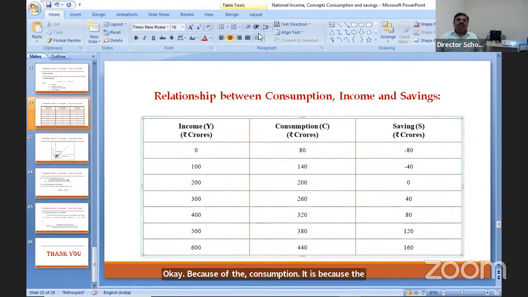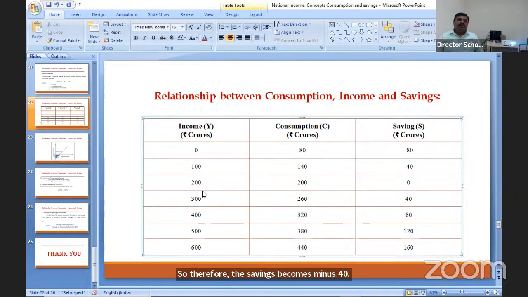The income here is zero, but the person, or the country, is required to spend on their basic survival needs. So it becomes autonomous consumption, and due to that, the savings are minus 80. Then the income increases from 0 to 100, but still the consumption level is more than their income. So the savings become minus 40.